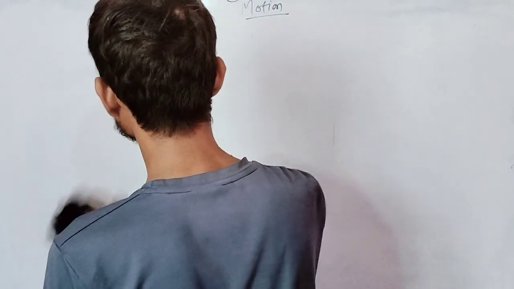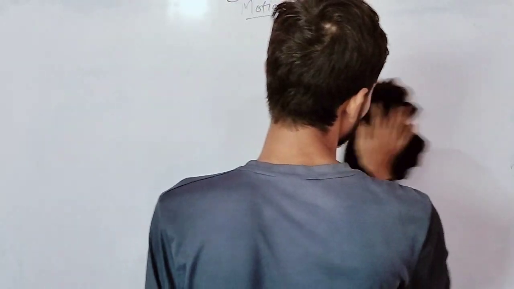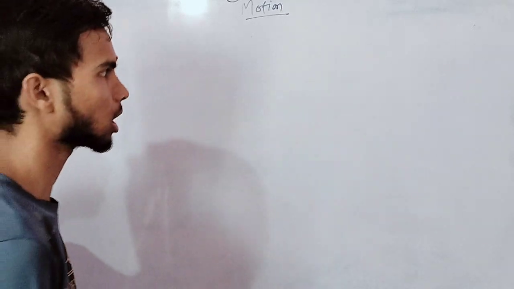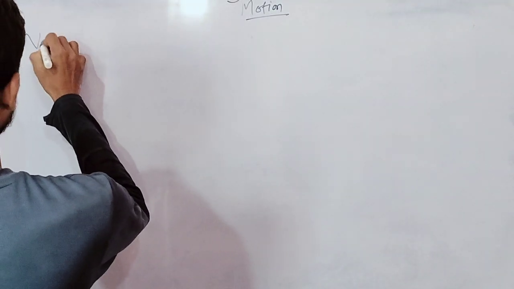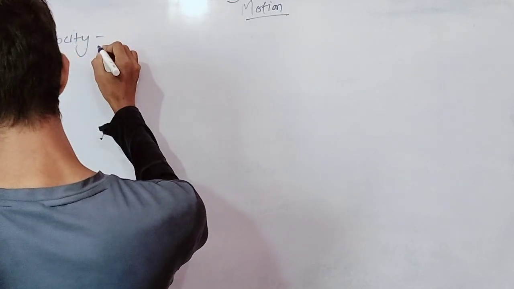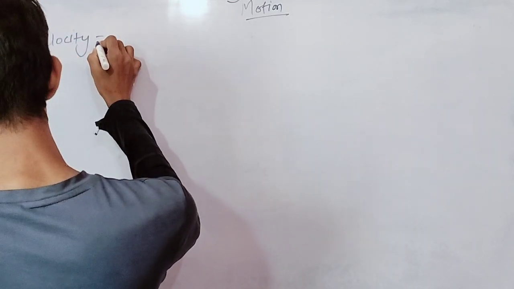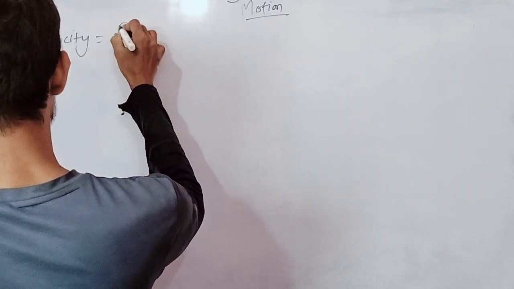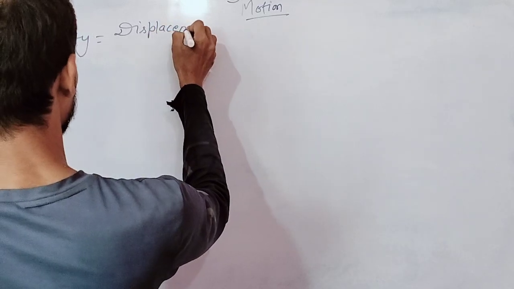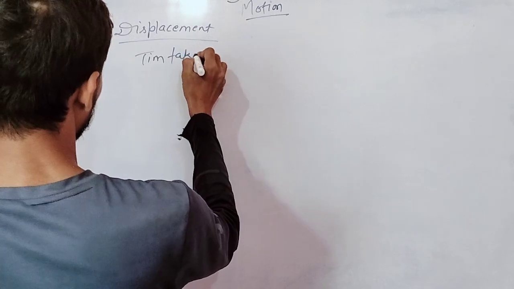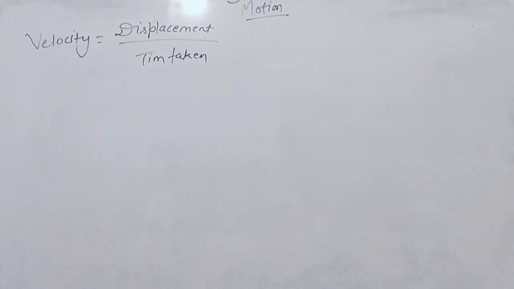Next is velocity. I can say velocity will be a vector. Let's see how. Meaning of this is what? Now we are breaking it down. We are understanding velocity.